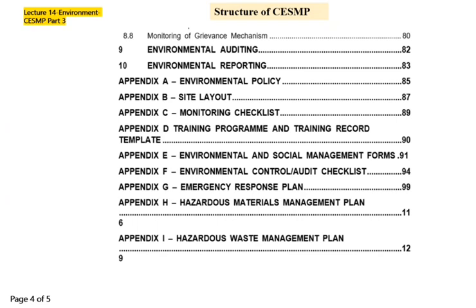All the checklists will be available in one appendix. Then appendix D, training program and training record templates. Appendix E, environmental and social management forms, then environmental control audit checklist, emergency response plan, hazardous material management plan, and hazardous waste management plan.